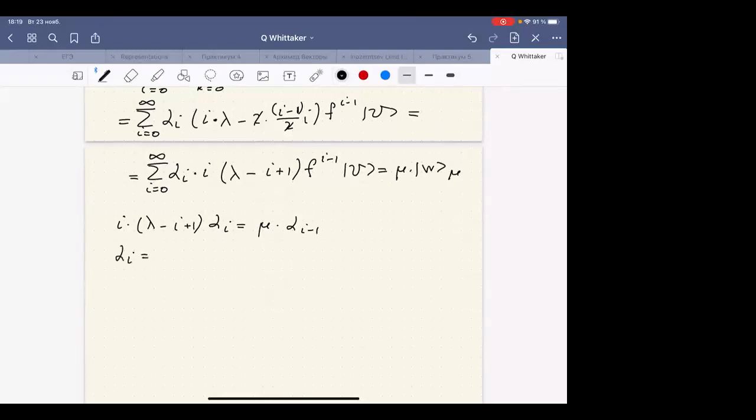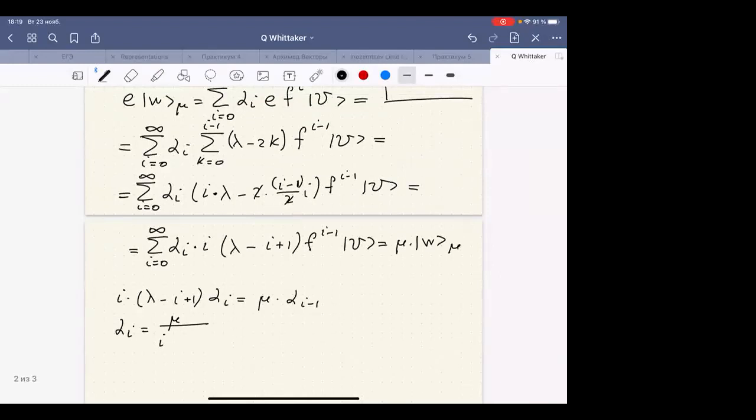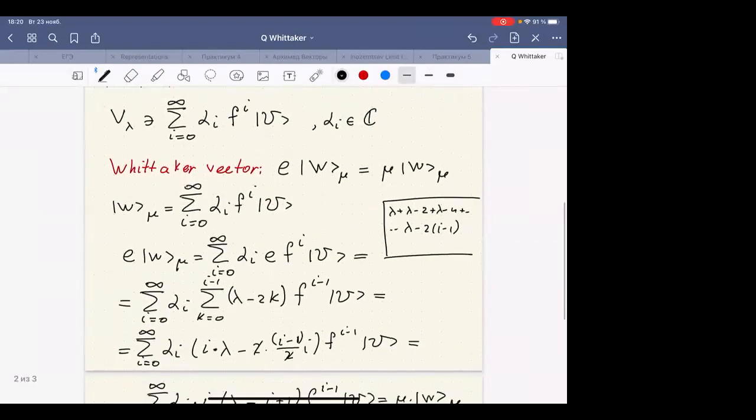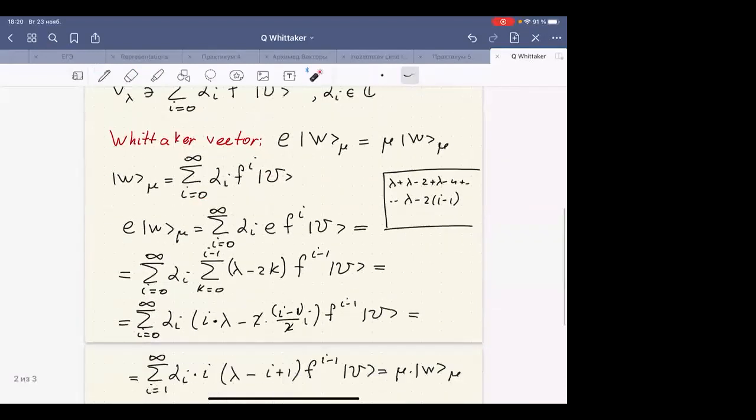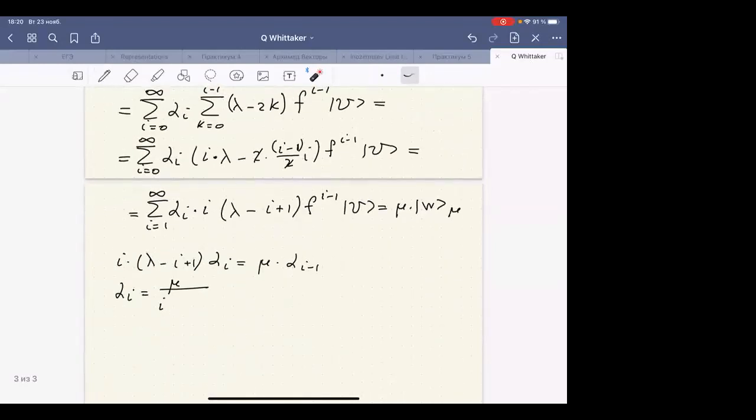Probably the sum should be taken from 1 to infinity, not from 0, because otherwise, if I equals 0, you have E acting on the vacuum, and otherwise you have F to a negative power. Yes, you're right. So the term at 0 will just be 0, and it is okay.